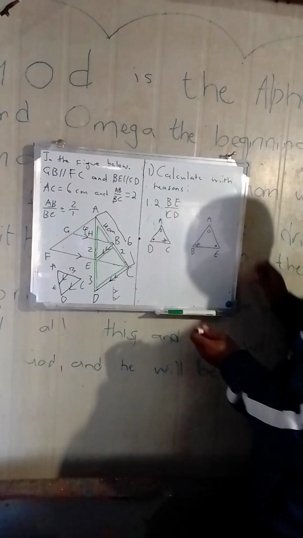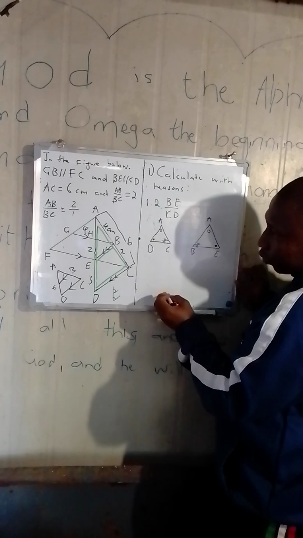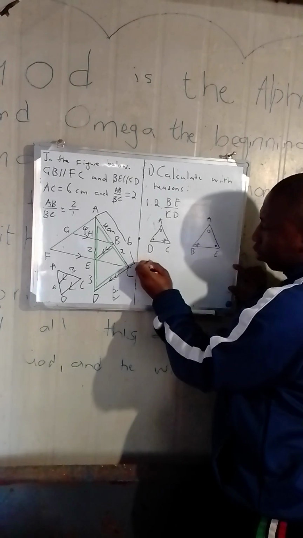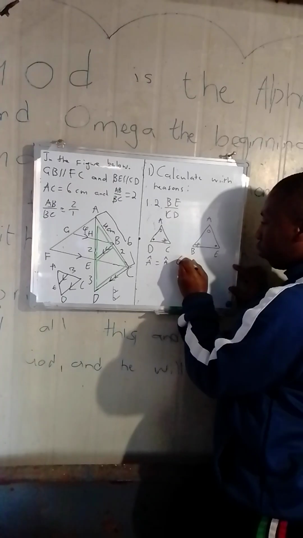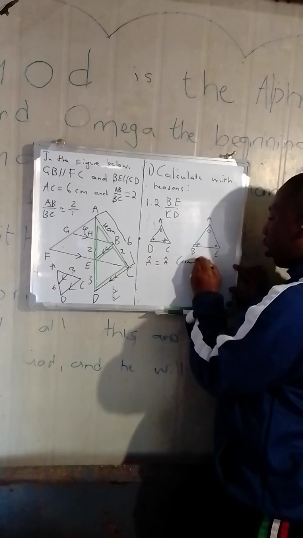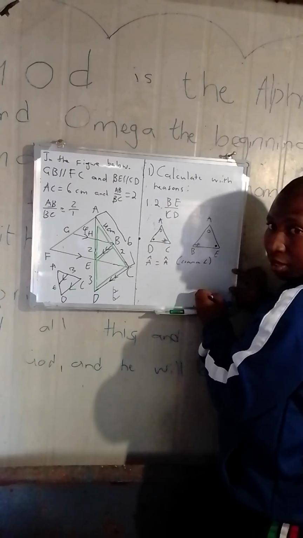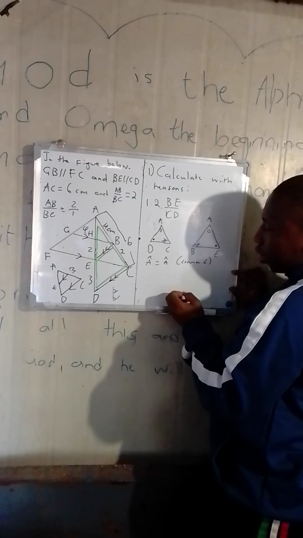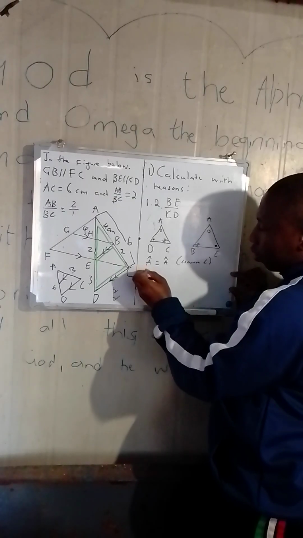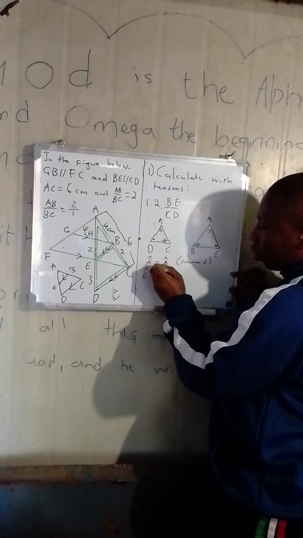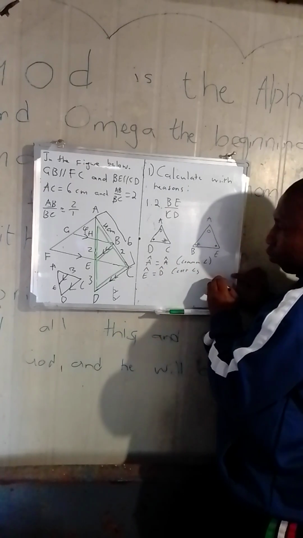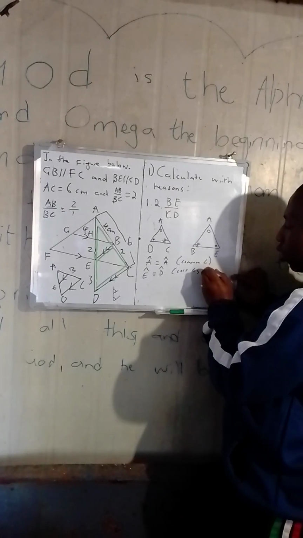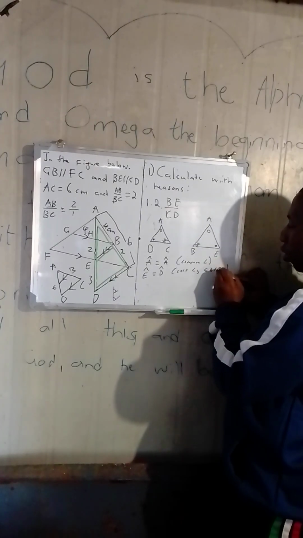So first thing is that angle A equals angle A. This one is a common angle. Then angle E equals angle D. This one is corresponding angles between parallel lines, EB is parallel to DC.